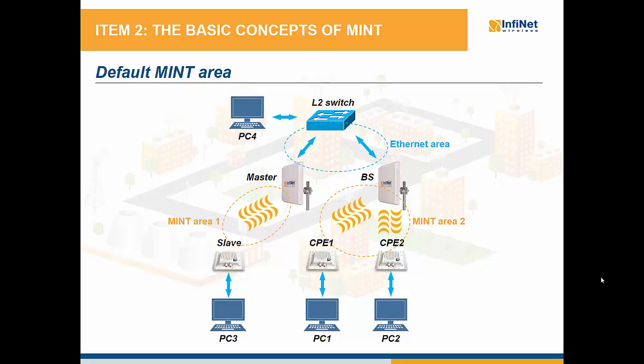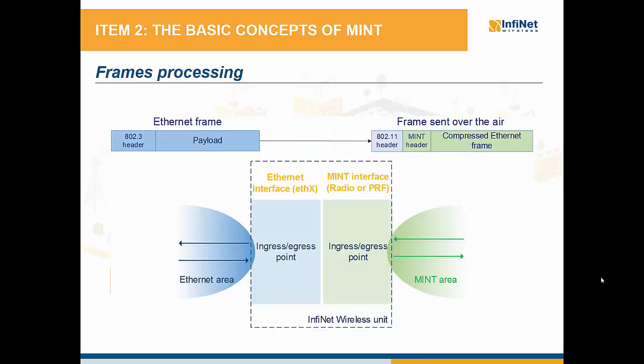A MINT area can be viewed as a virtual Ethernet segment, and let's now understand the process of frame processing, passing from the Ethernet area to the MINT area and vice versa. The Ethernet frames received by an Infinet unit from an Ethernet interface are compressed according to the payload header suppression technique and encapsulated with a MINT layer 2 header.